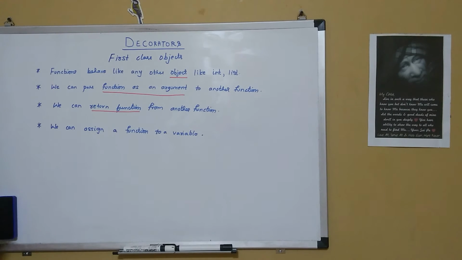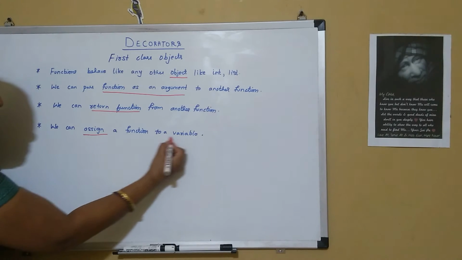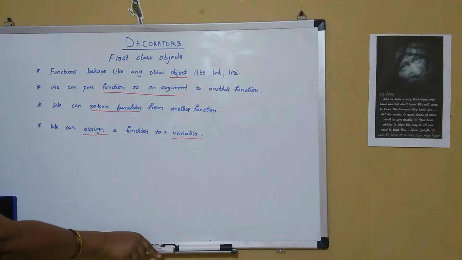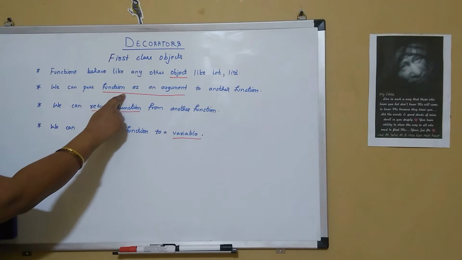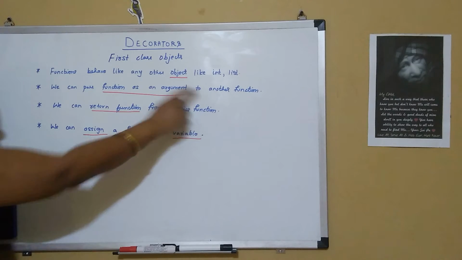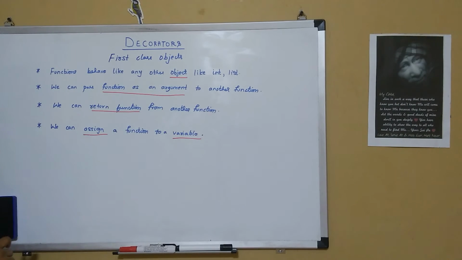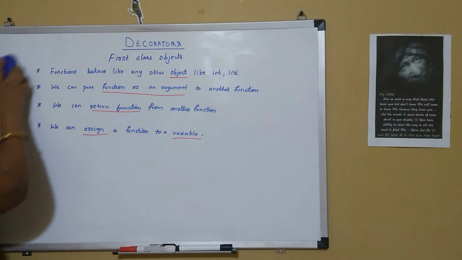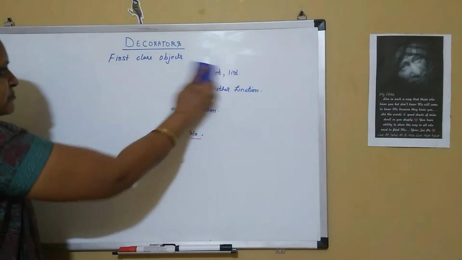Suppose there is a variable, we can assign a function to that particular variable. These are the important points for a function to be called a first class object. Now let's see how we can pass a function as an argument to another function, how we can return a function from another function, and how we can assign a function to a variable. Let's look into it in detail with an example.